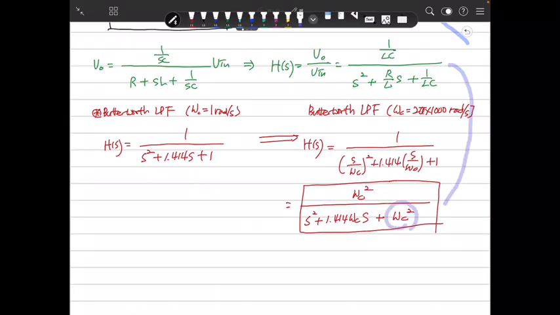Omega C squared is the same as 1 over LC. It's very lucky. So we define 1 over LC as omega C squared, and R over L is the same as 1.414 omega C.